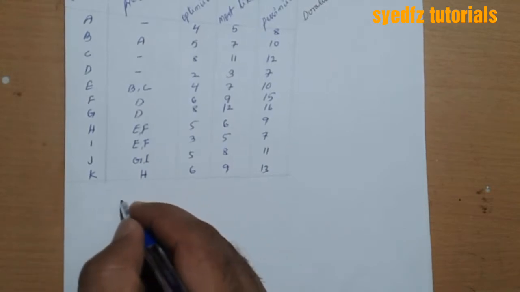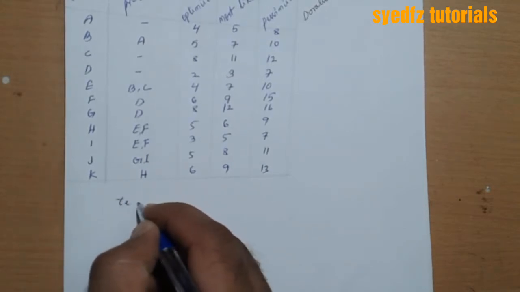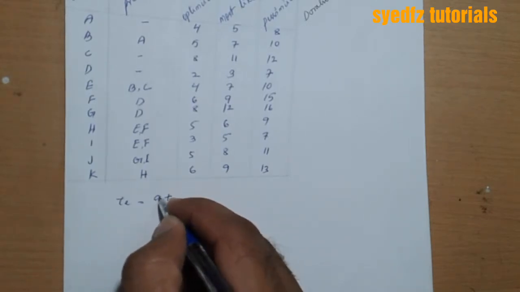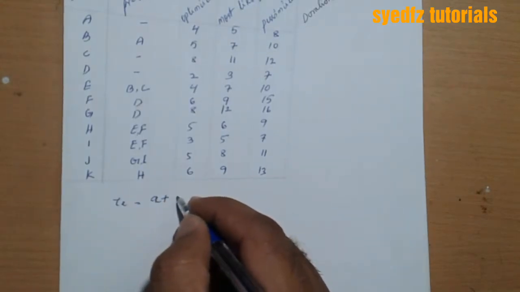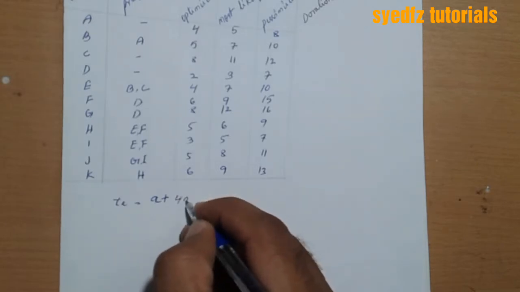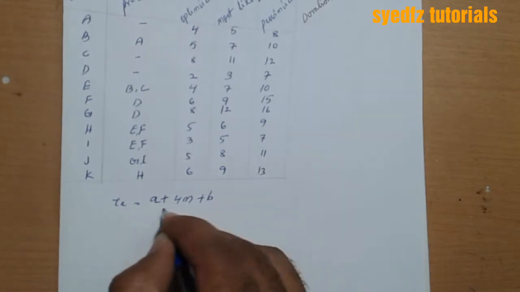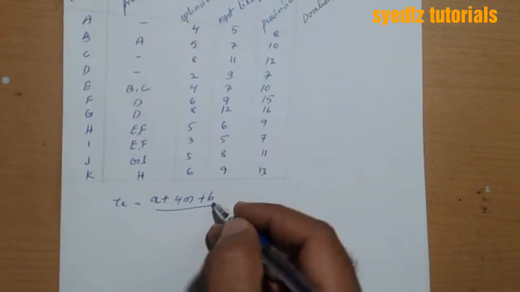The formula is TE is equal to A plus 4M plus B, divided by 6.